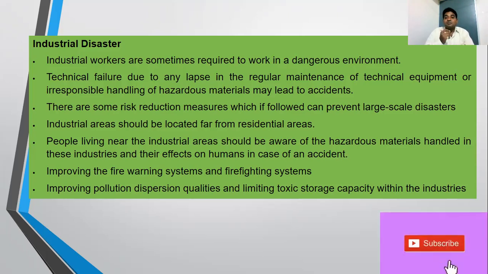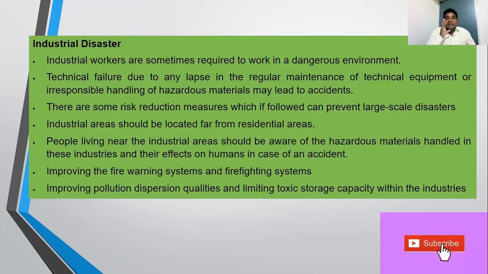It can be as simple as that. The negligence or irresponsible behavior of any one employee in the factory can trigger a disaster. So there are some risk reduction measures which, if followed, can prevent large scale disasters.